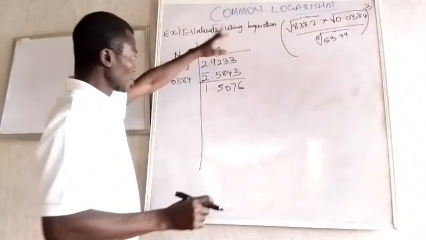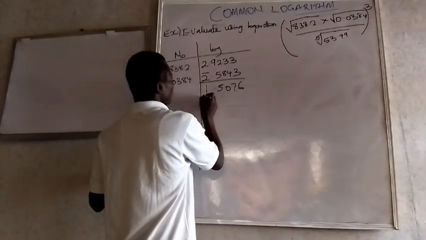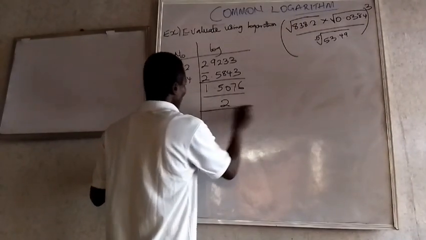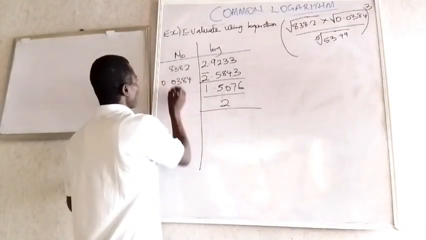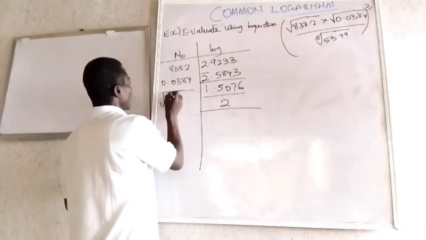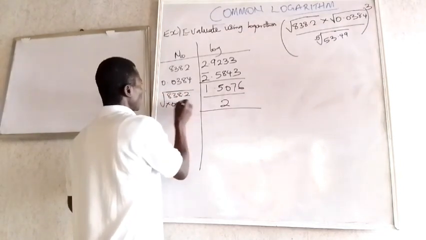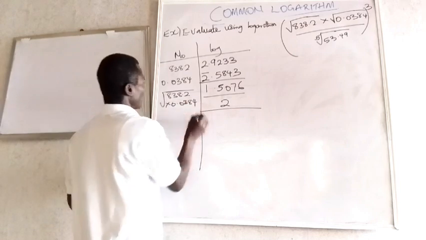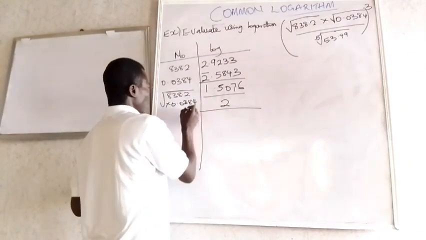We have the square root to handle now, so we have this divided by 2. So the square root of 838.2 times 0.0384 is going to be this one divided by 2.